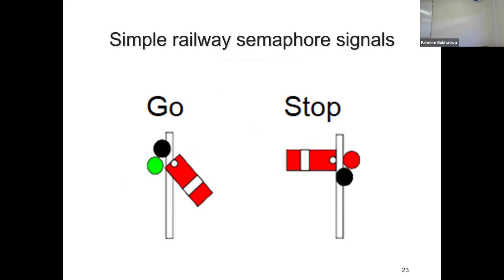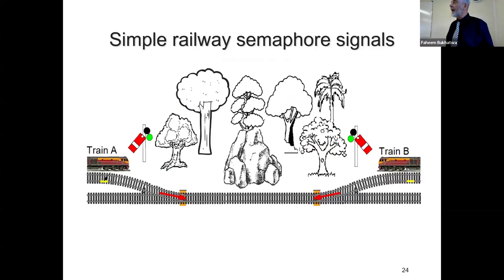But in the train network, you have tracks, and it's expensive to build tracks, and therefore there are parts that are shared. And when we are running multiple trains, that part that's shared can be a source of danger. And that's what we now refer to as the critical region.